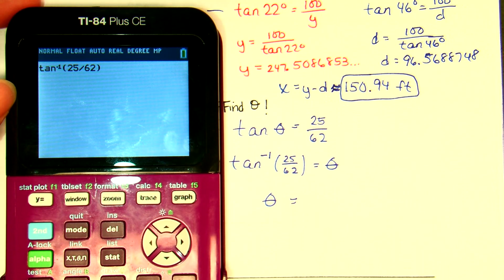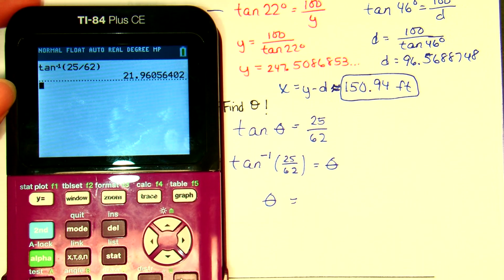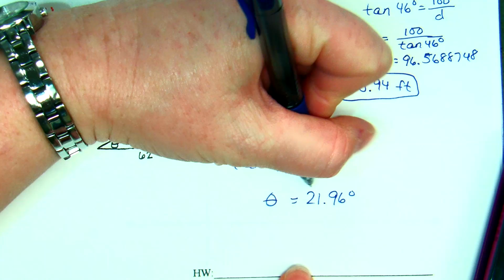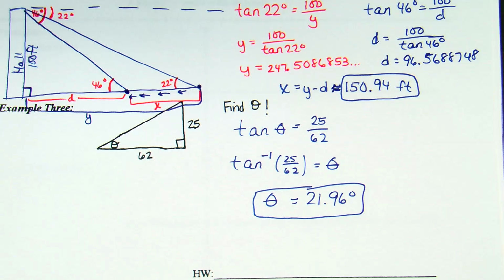Everything's been degrees today, so I'm going to go with degrees still, which means mine is 21.96. You might be in radians if you have something different. But at that point, go up, and then you can just re-enter the problem. And so 21.96 degrees. I don't remember if the book says find it in degrees, or it's just because we're not really talking radians when it comes to these type of problems. You don't say you have an angle of depression of pi over 6, you know.